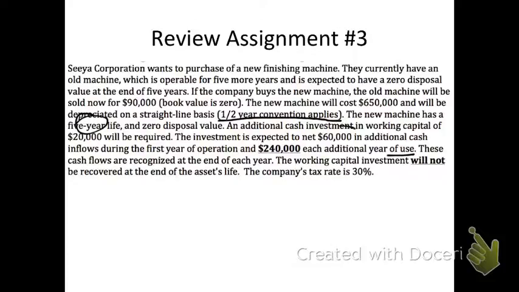These cash flows, I'll get this one in the first year, and I'll get 4 years of the $240,000. But I will have cash flows for 6 years because of this half-year convention. I take a half-year depreciation in the first year and a half-year depreciation in the very last year. Because I don't sell this equipment, I have 6 years of cash flows, that last year being a cash flow based on tax savings I'm going to get from depreciation. All right, so let's go through the questions that were asked on this.